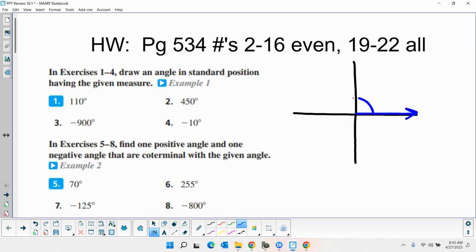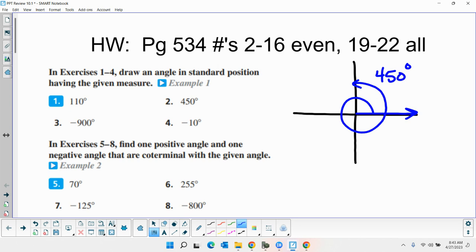One time around is 360. How much further? 90, right? 360 plus 90 is 450. So label it, so we know what you're trying to show me. Label it with whatever degrees it's supposed to be.